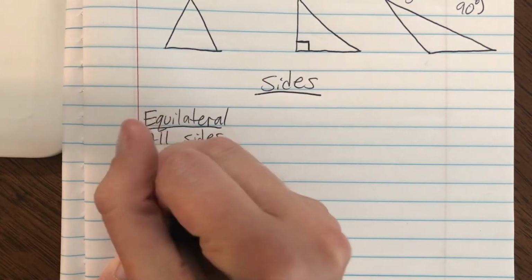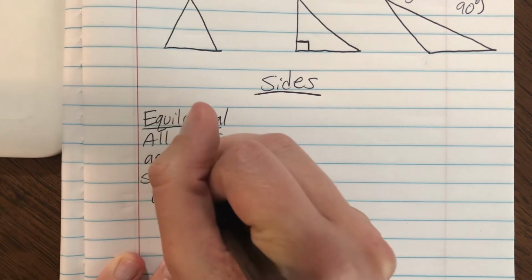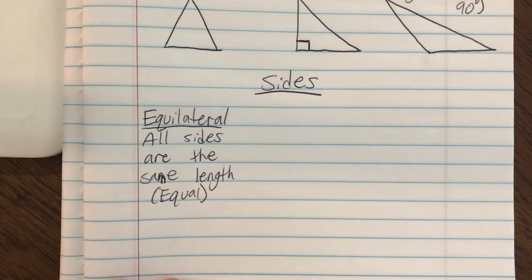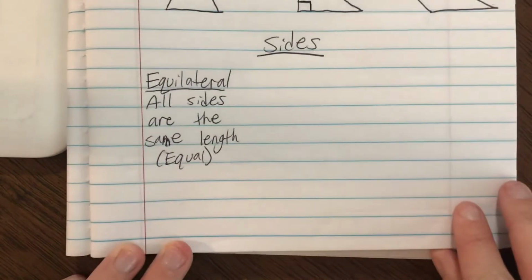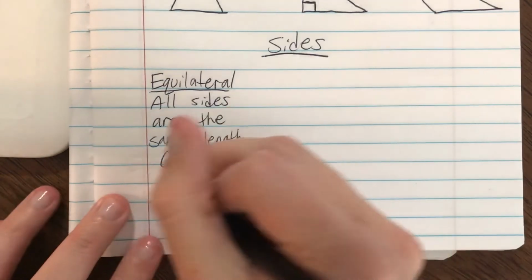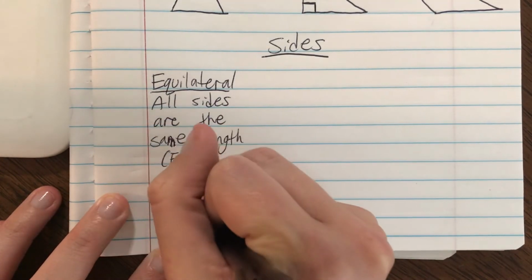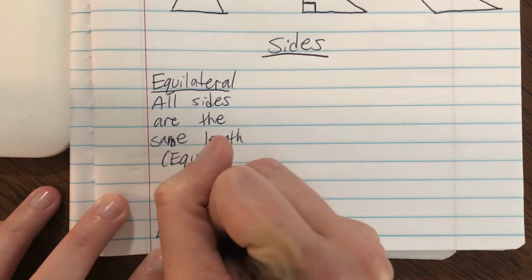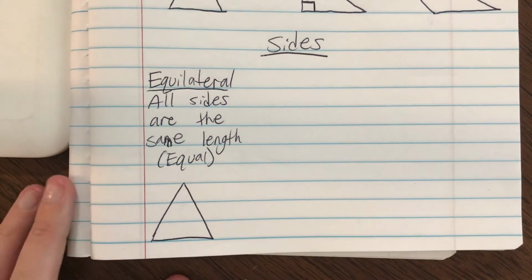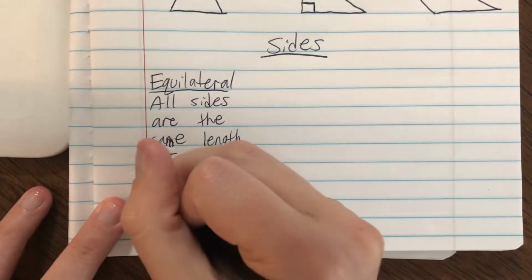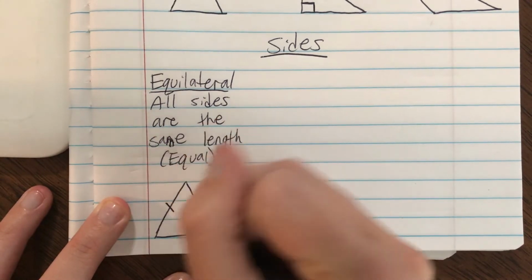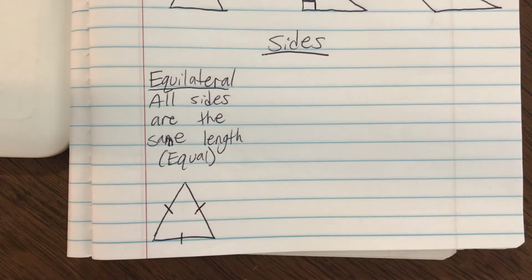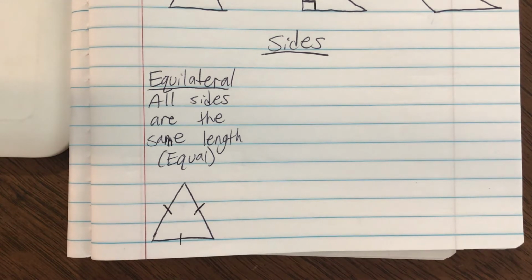So that's the way that we're going to remember our equilateral triangle: all sides are the same length, all sides are equal to each other. Going back to what we did yesterday with our quadrilaterals, with our side triangles, we're going to bring back in those tally marks, those dashes, whatever you choose to call them. And we're just going to add one to each side, just like we did with that square, to represent that all of these sides are the same length.